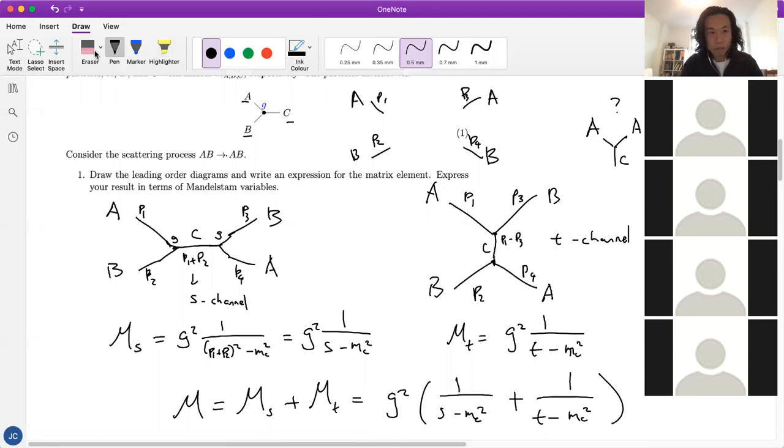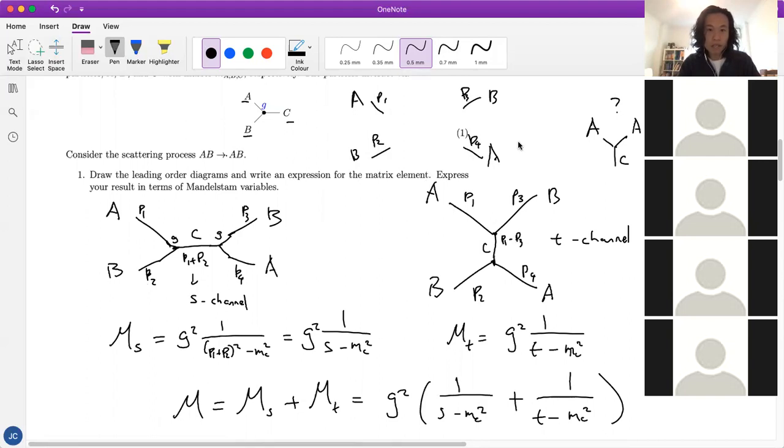So this has to be A and B. And then I start off with the first one, then I do the S channel one. And then if I want to try a different internal propagator, I have to keep these external legs fixed. So these things are not related to the Feynman diagram. They're the initial and final state of the external scenario. So you can't flip those around.